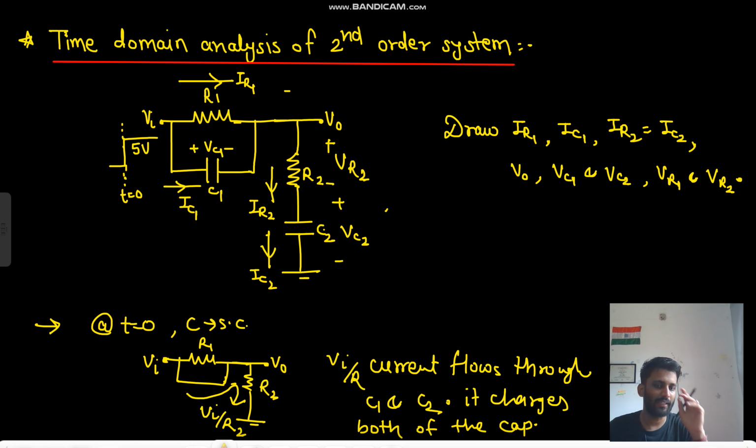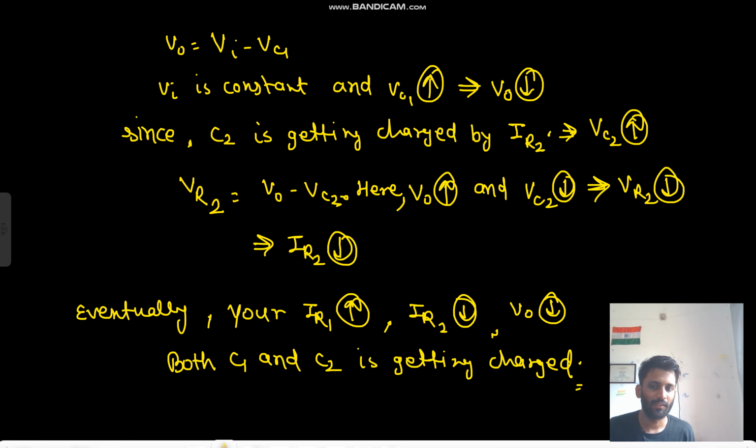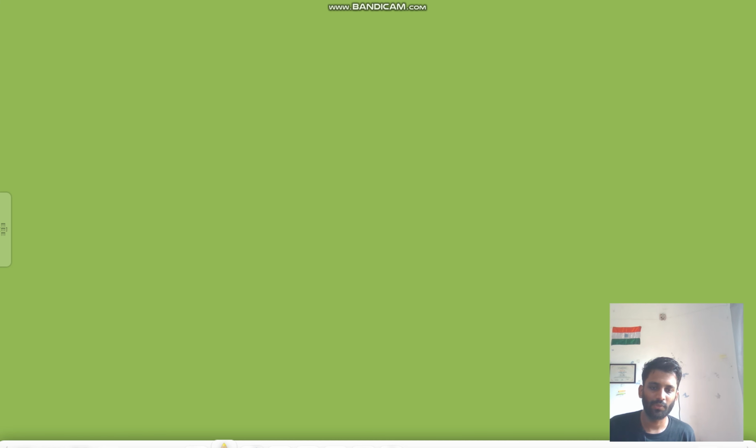Right. So at the moment when IR1 was equal to IR2, at that moment your V0 was minimum. When your IR1 was equal to IR2, at that point your V0 was minimum, because after that your V0 is increasing only, right?